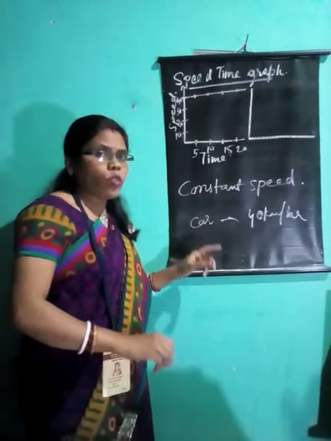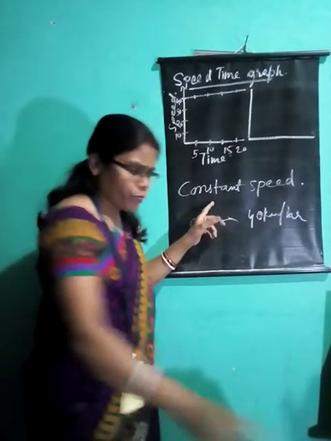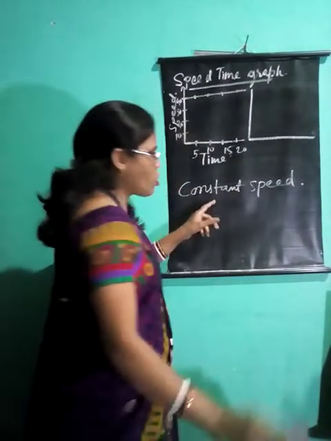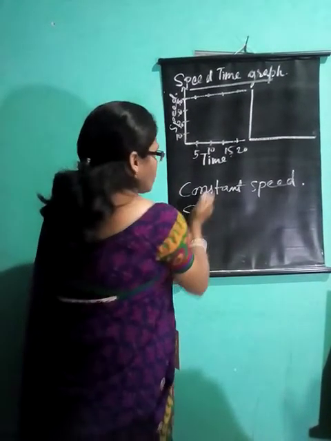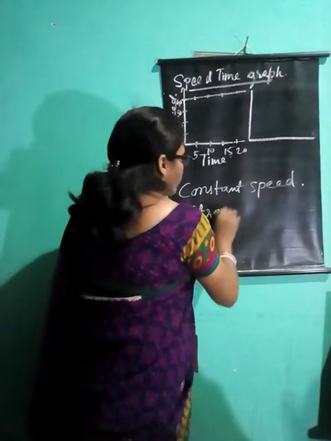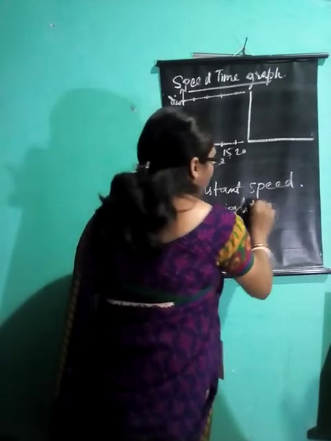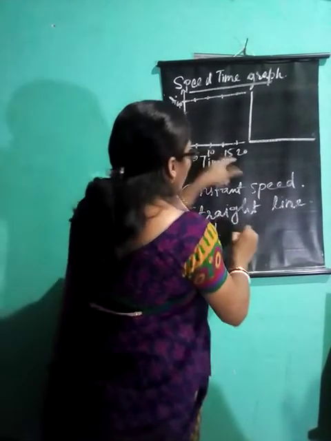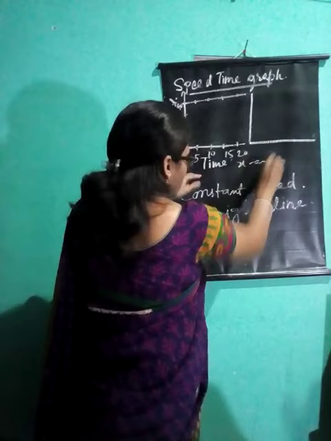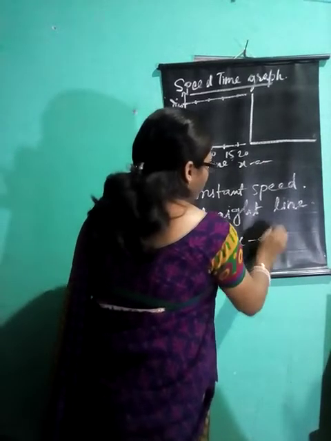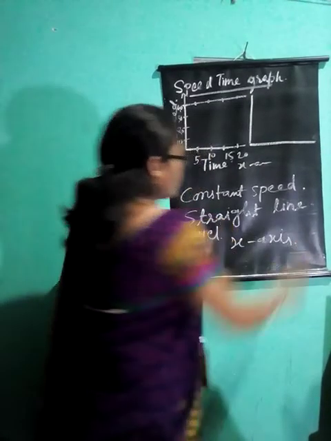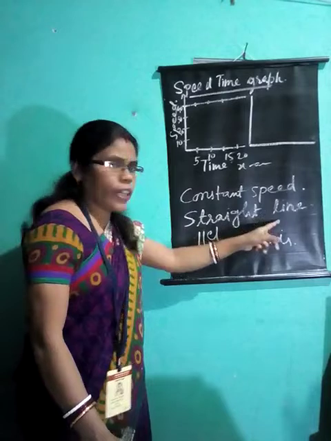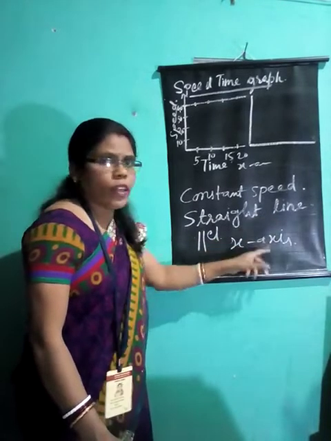This is also a straight line. So the speed time graph for constant speed is a straight line. But what kind of straight line? A straight line which is parallel to what? The x-axis. So the speed time graph for constant speed is a straight line graph parallel to the x-axis.